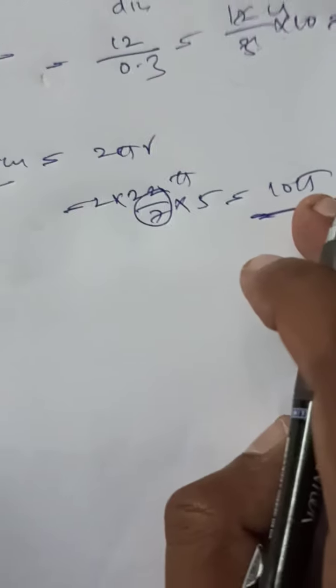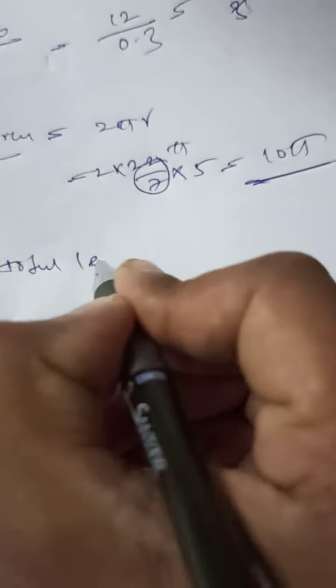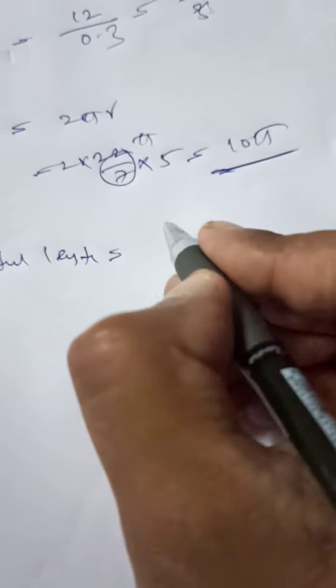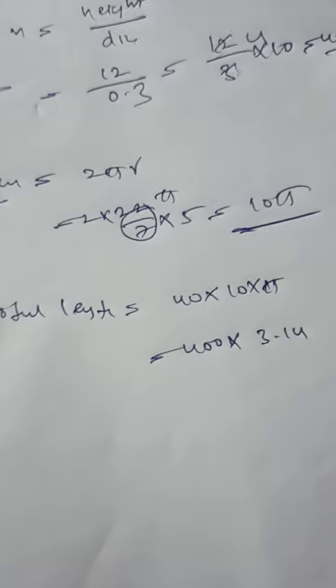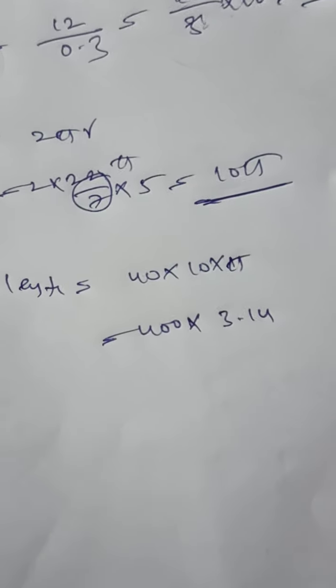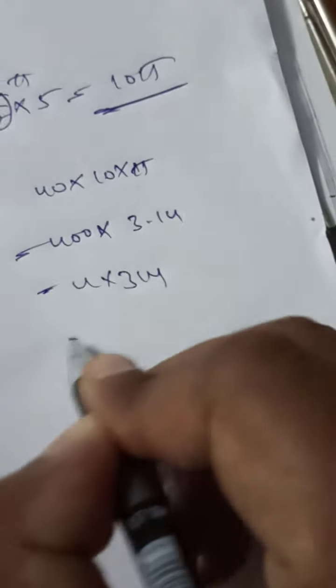Total how many rounds are there? n is equal to 40. One round is 10 pi, so 40 rounds will be 40 into 10 into pi, that means 400 into 3.14. That is 4 into 314 approximately.